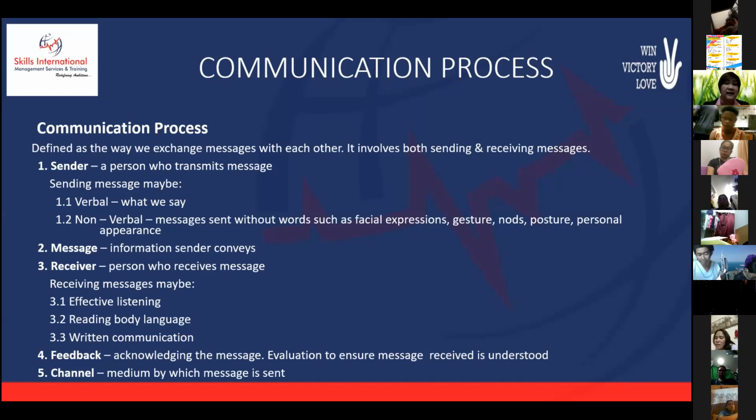Those are the channels that we use to send our messages. Okay, clear? So this is the communication process, and we have 5 elements: the sender, the message, the receiver, the feedback, and the channel.